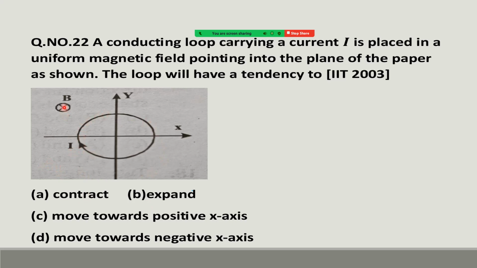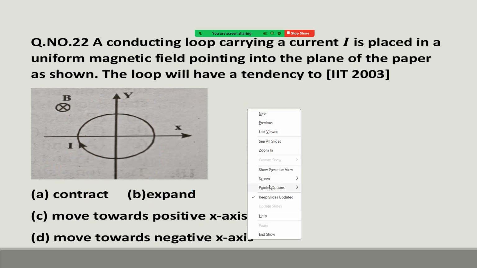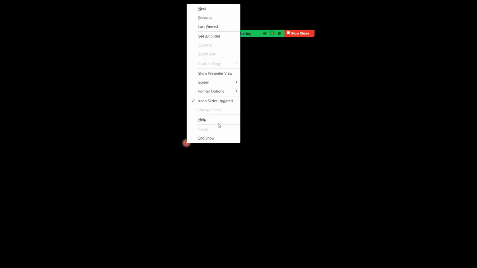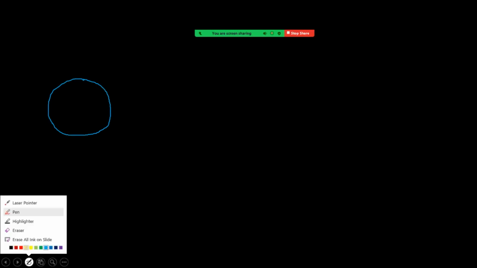Field is into the paper. Current is clockwise and field is into the paper, cross circle.